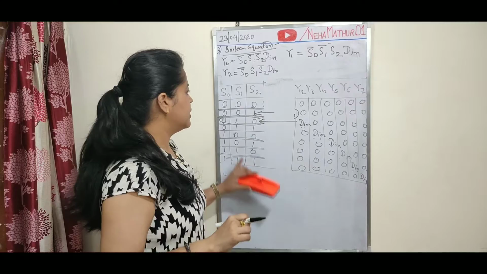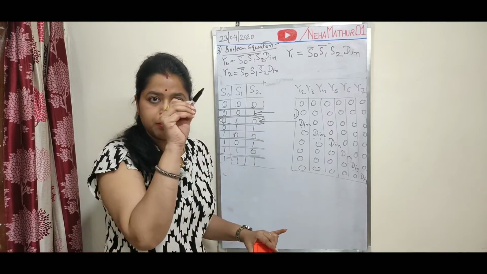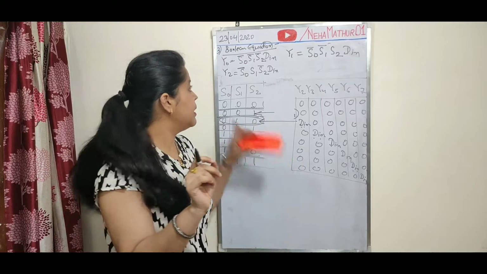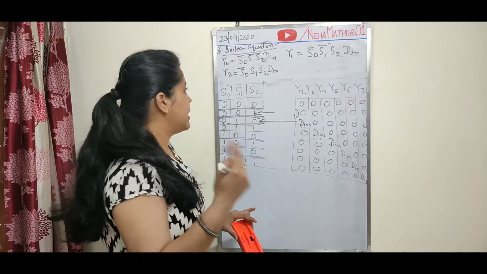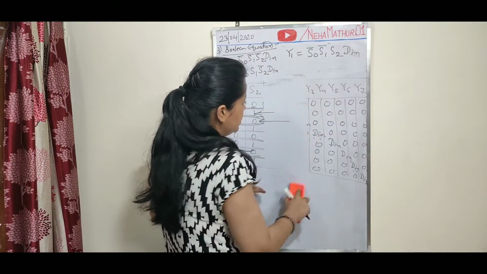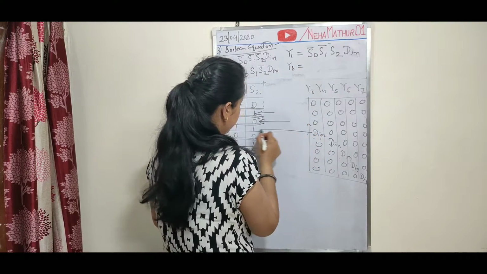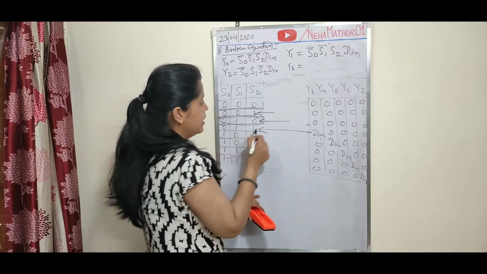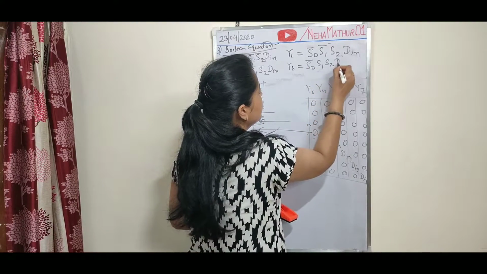For the representation of 0 in terms of any variable, the complement representation of the variable is used, while for the 1 you can directly write that particular variable. Now the y3, which is because of 0, 1, 1. So 0, 1, 1 D in.